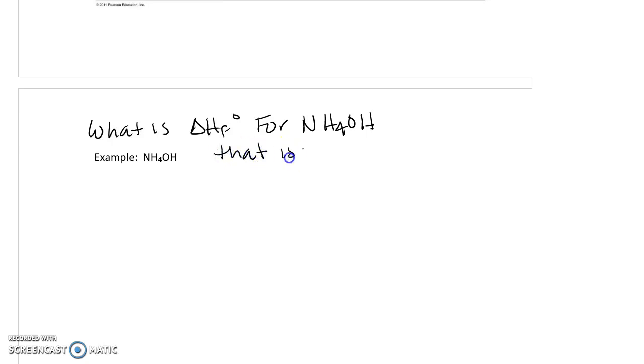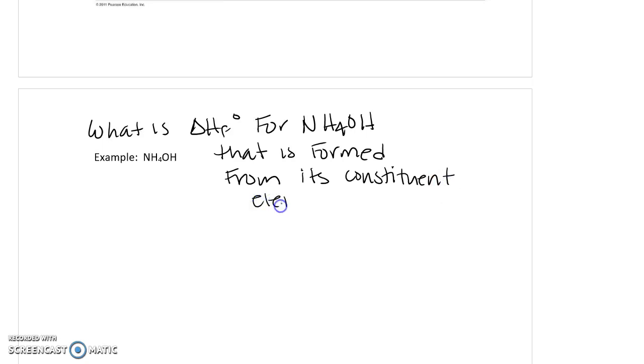We want to know what is the delta H of formation for ammonium hydroxide that is formed from its constituent elements.